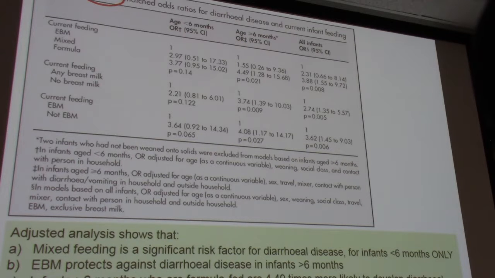And if you were to flip it and make formula the reference group, set this to 1, then you would get quite a low odds here, maybe 0.2 or something. So an 80% reduced risk of diarrhea if you're EBM versus formula. And then this would be somewhere in the middle, but the calculation itself doesn't match.